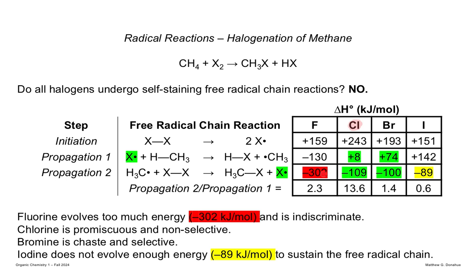What that is telling you is this is evolving a lot of heat, but that's also evolving heat. So fluorine ends up being pretty indiscriminate when it's sort of scanning a molecule to do a substitution. And because so much heat is evolved, essentially any sort of CH bond will be substituted for F.